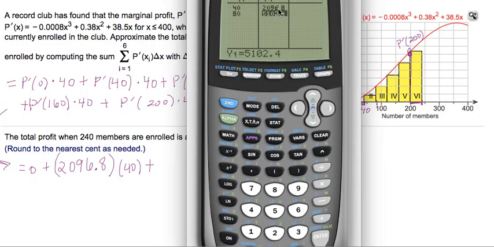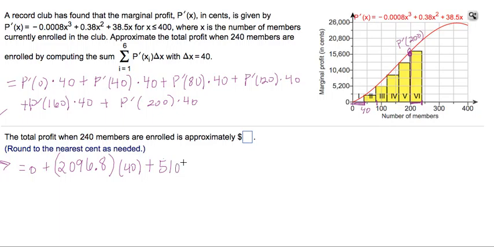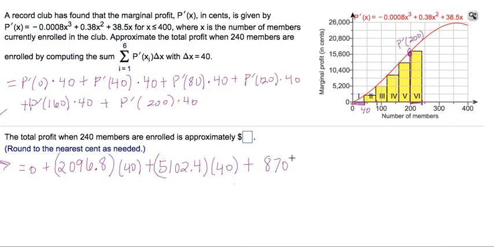P prime of 80 is 5102.4, plus P prime of 120. You get this, it's a little bit tedious. It's 8709.6. So that's my 1, 2, 3rd, 4th rectangle.